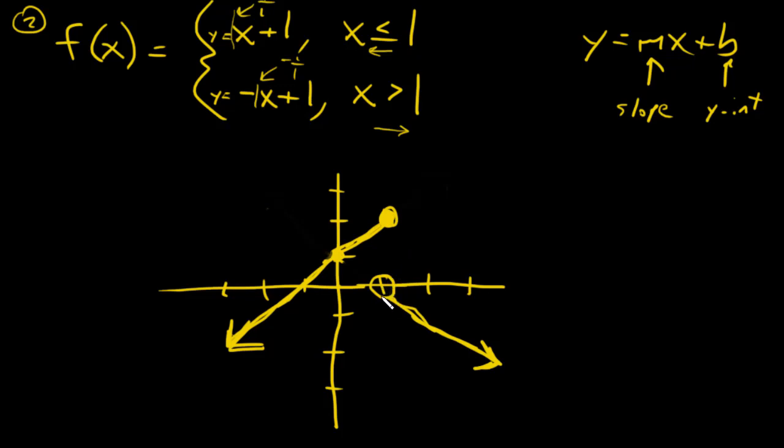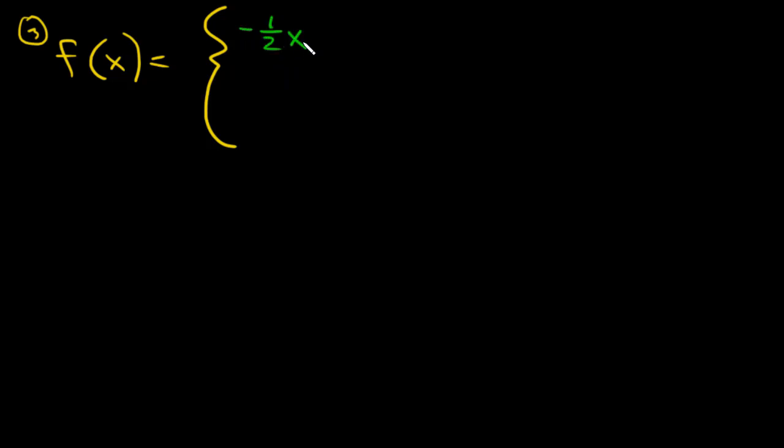Okay? Now, let's move to the very last of the homework. So, I'm going to erase this. And let's see, for number 3 we had f of x equals, alrighty, now I'm going to have 3 functions. Since I've got 3, I'm going to go ahead and color code them. So, the first function is going to be negative 1/2 x plus 1, and this is going to be for all values of x that are less than or equal to negative 2.